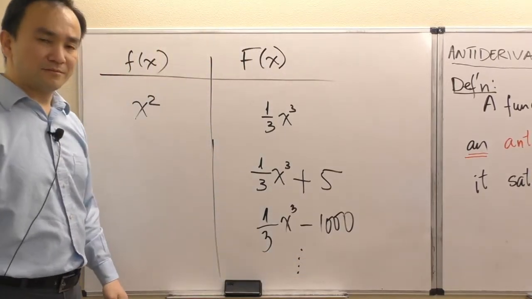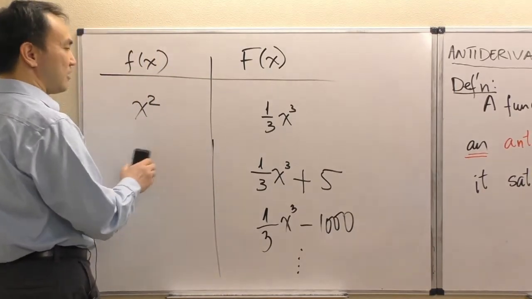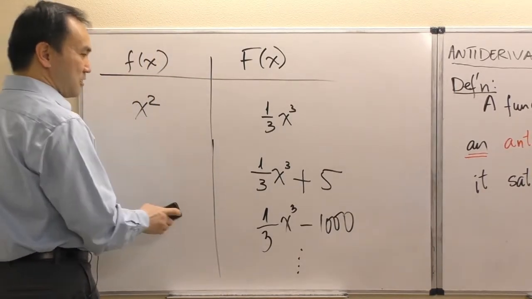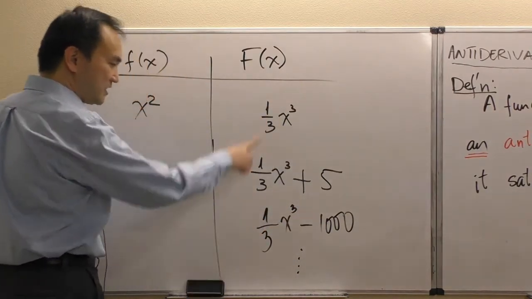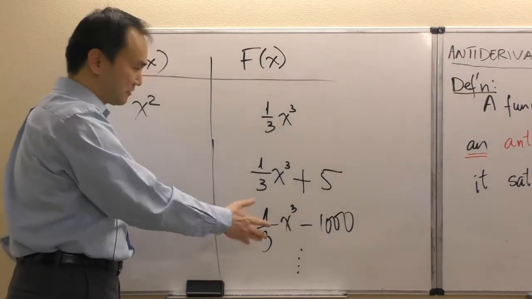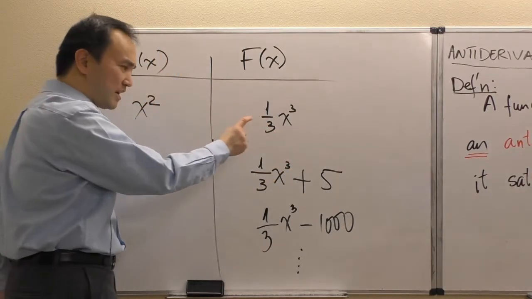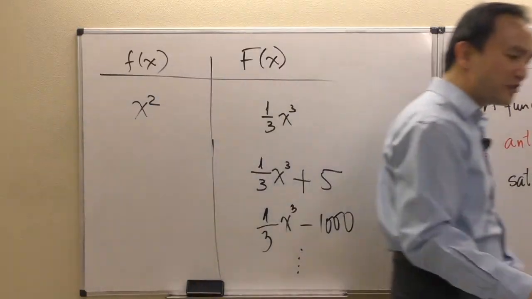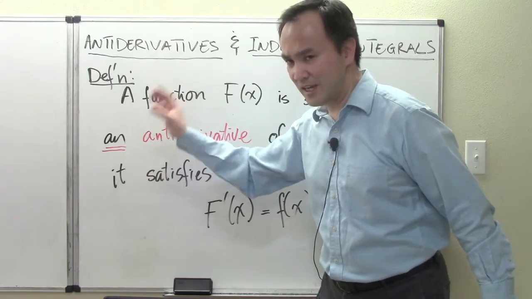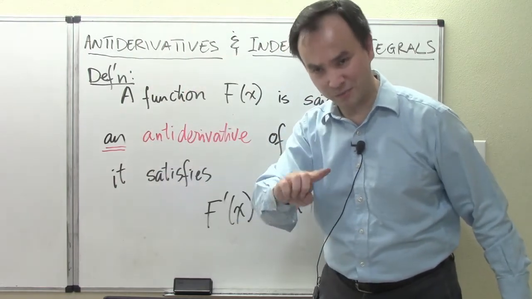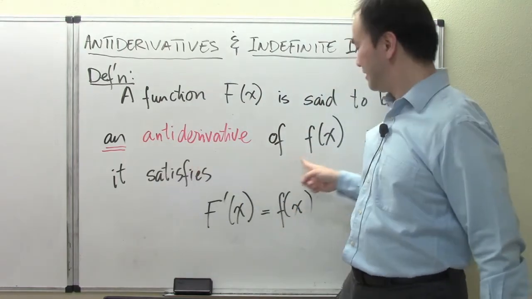Now we are ready for our function. Looking at all of these possible antiderivatives together, it's not only one answer. That's why the definition says an antiderivative, because any particular one out of the entire family is only an antiderivative of the function.